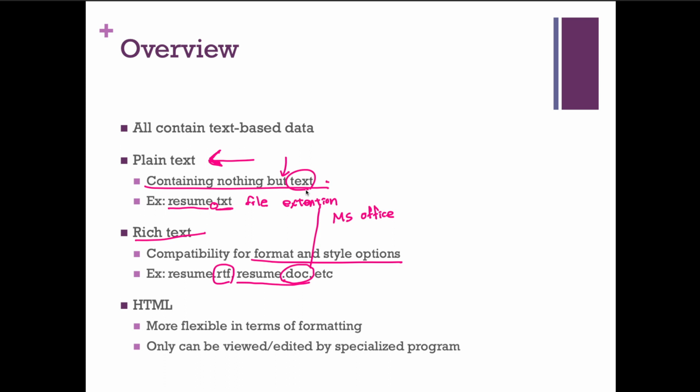So if I get your .doc file, and if I open that with Microsoft Word, I can see not only your content, but also I can see your style and formats. Am I correct? Right. Now, HTML here is very interesting because it does both.